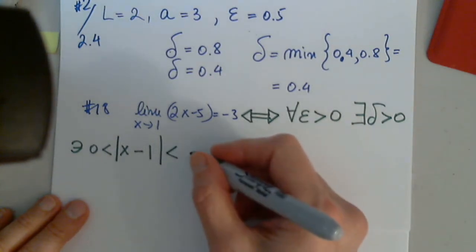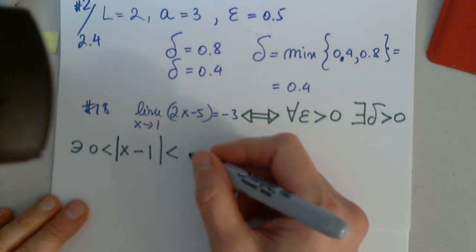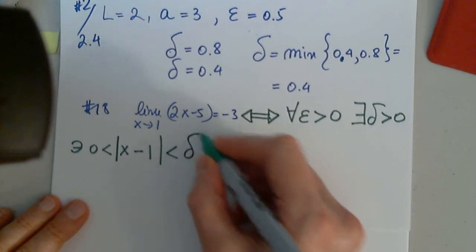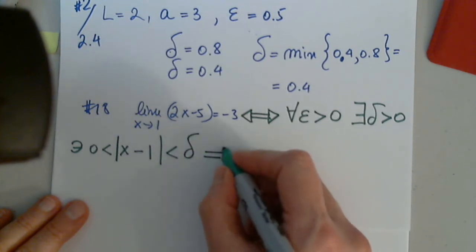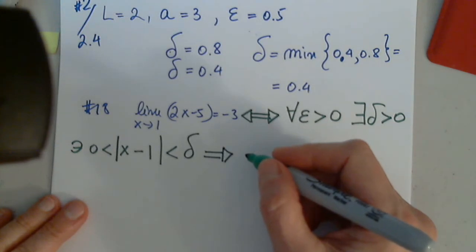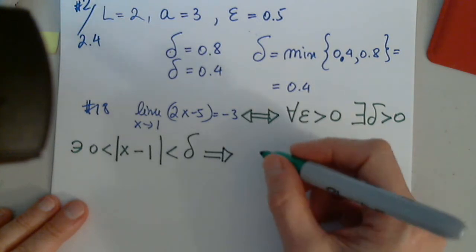Less than? Jordan? Delta. Very good. And this will always imply... how do I continue?